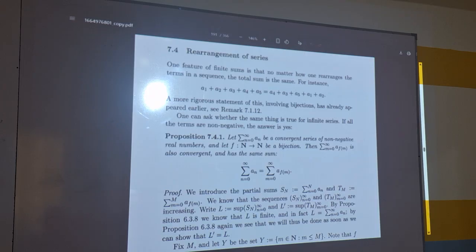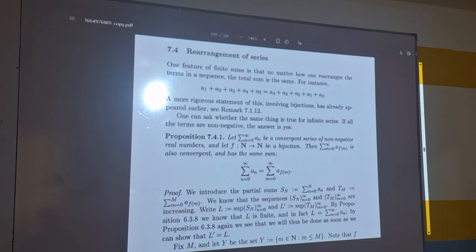And L' is the supremum of T_M. We don't know anything about that yet, whether L' is a real number or whether L' equals infinity. It cannot be negative because each term is non-negative.